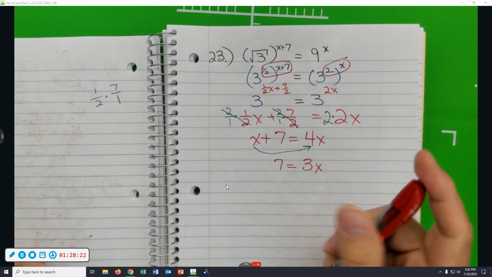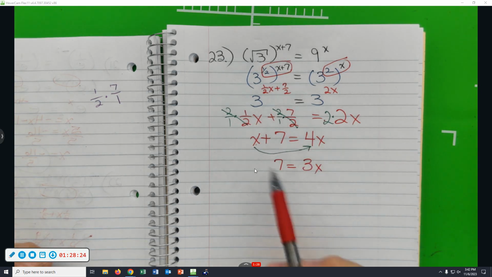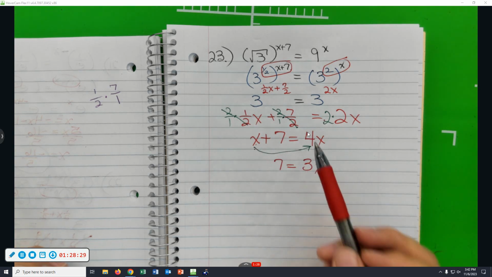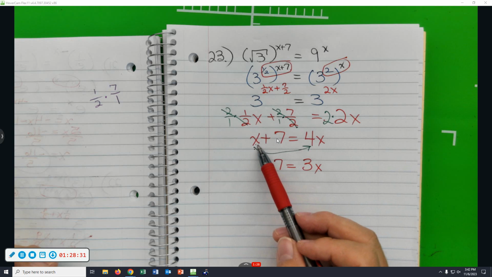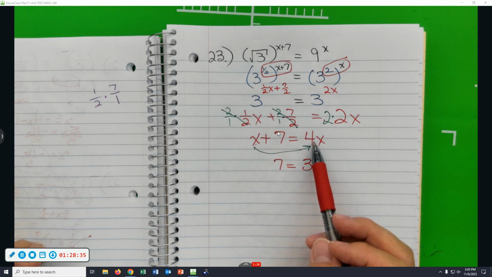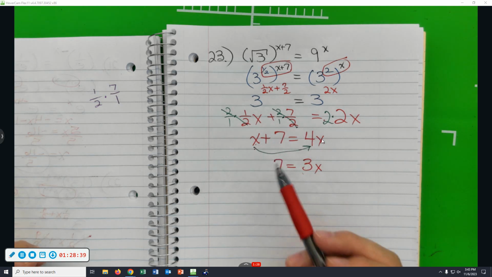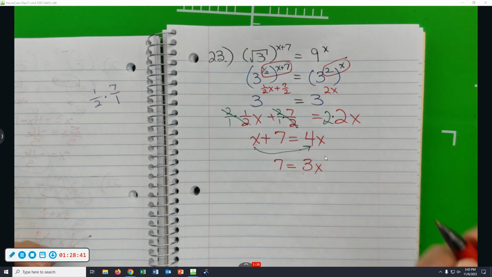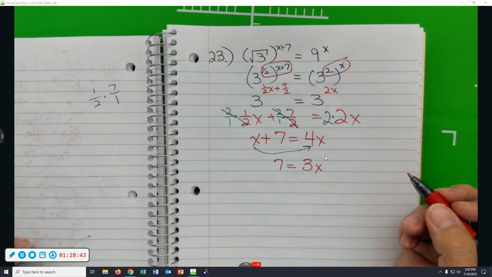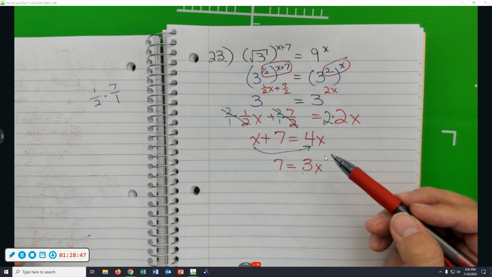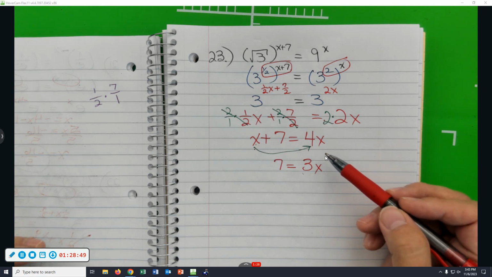And once again, the reason I'm moving this term the way I'm doing it is I'm trying to decrease the number of negatives. If you want to move the 4x over, you're going to wind up with a net x minus 4x, so you'd have a negative 3x. You'd have to move the 7 over, that would give you a negative 7. Well, you'd still get the same answer at the end, but I move the terms in a way so as to decrease the number of negatives.